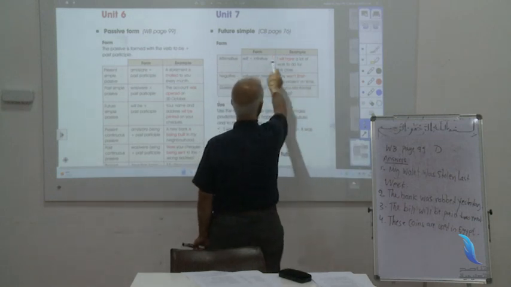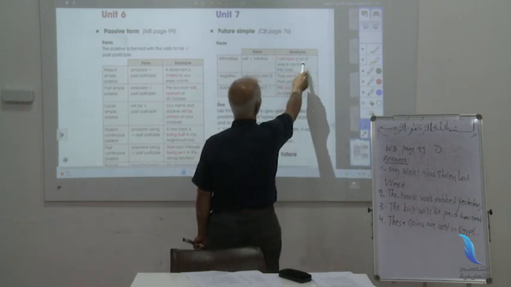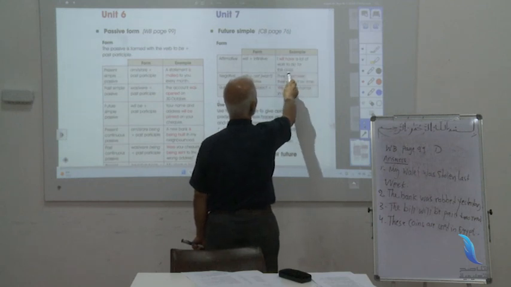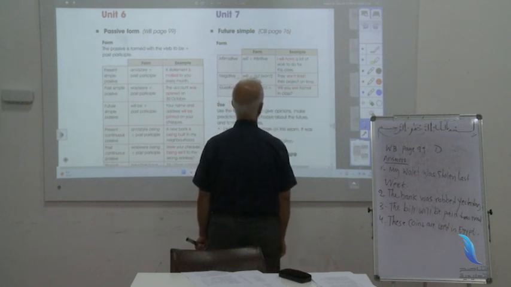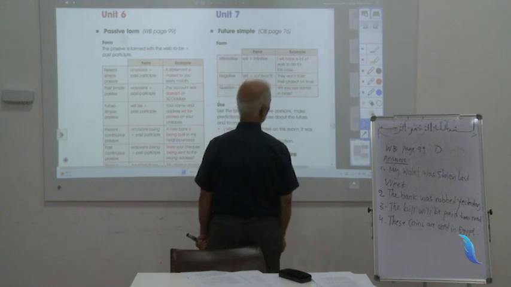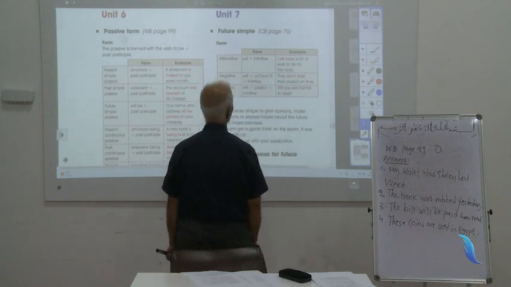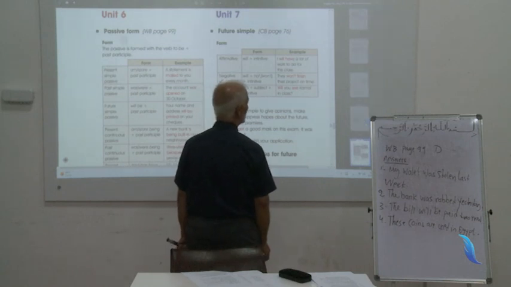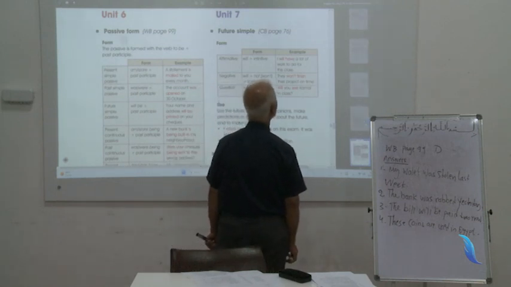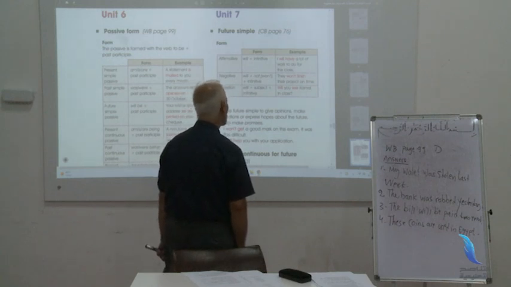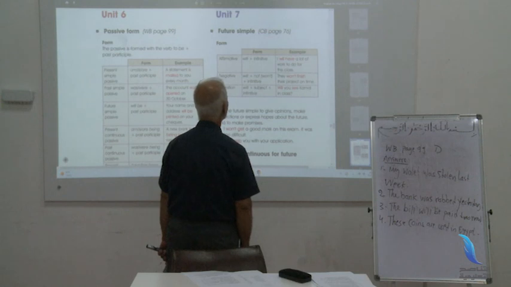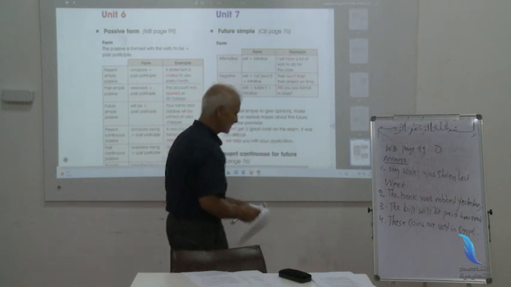Will plus infinitive. For example, I will have a lot of work to do for this class. For negative, will plus not, or won't. They won't finish their project on time. Question: will you see Kamal in class? So this is the form and the examples of this.